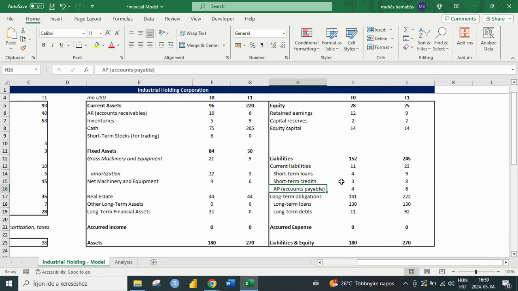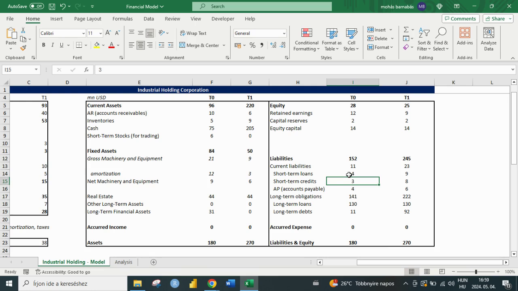Accounts payable is any account that has arrived to the client or to the industrial holding corporation and was not paid yet. Short-term credits and loans are kind of the same thing. So they both belong to the client. And these loans have a shorter tenure, so 1 year or 2 years. So these are kind of the current obligations of the client.